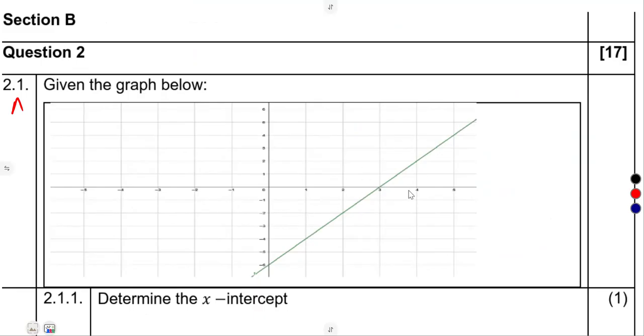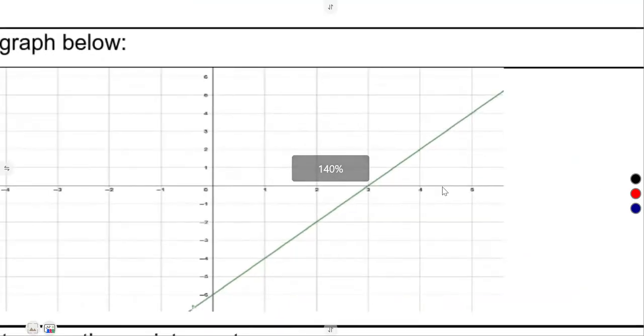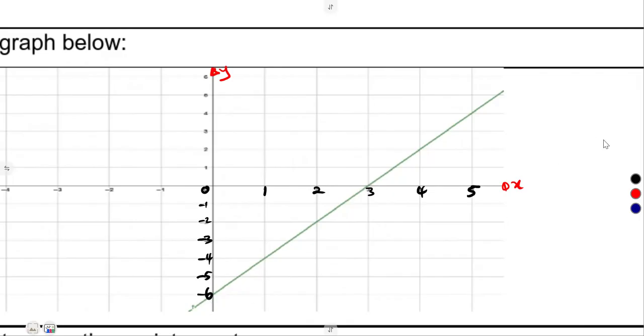Section B, on question number 2, we are given the graph. And on this graph, we can see that that's our x-axis here and our y-axis. So these were the values from the origin: 1, 2, 3, 4, 5, and so on. This is -1, -2, -3, -4, -5, -6, and so on.